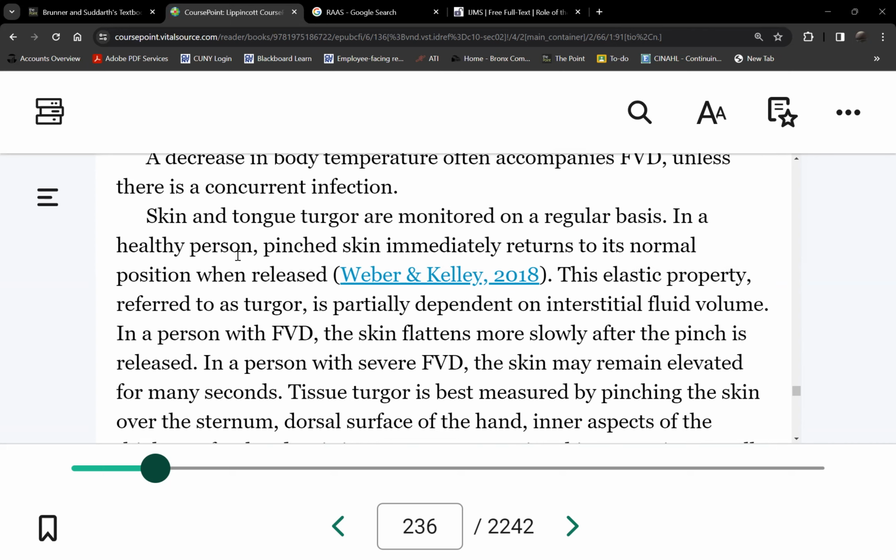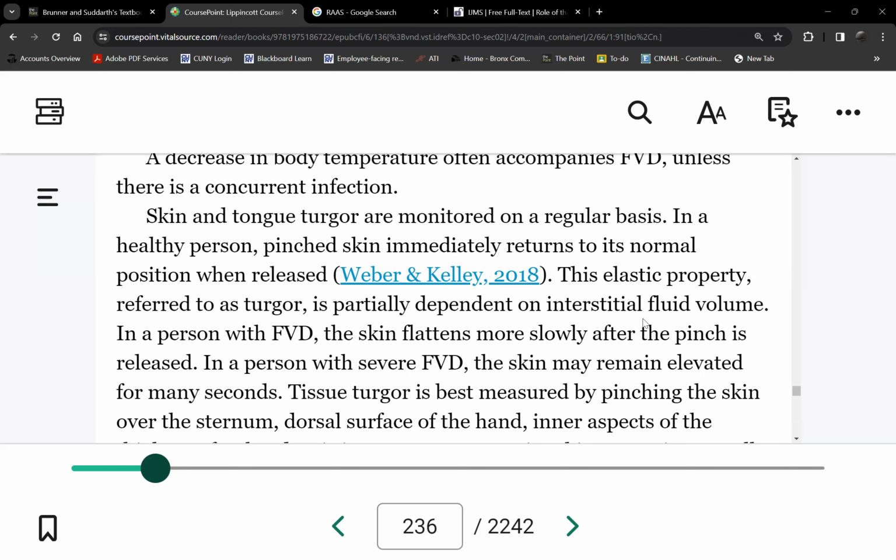Because a 90-year-old's skin, does it look any different whether they're normal, deficit, or overload? No, they look the same. They look very, very fragile. So is it reliable? Will you base it on the skin still being very wrinkly? No matter what you do, it's going to be wrinkly.